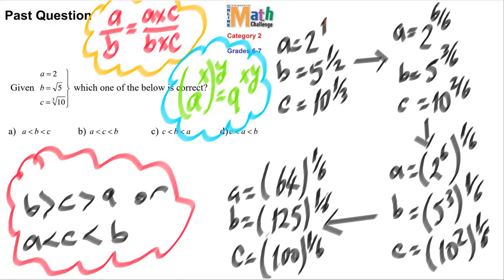For these 3 fractions, for the first one, we multiply both sides by 6, second one by 3, and the last one by 2. In this way, all the fractions have the same denominator.